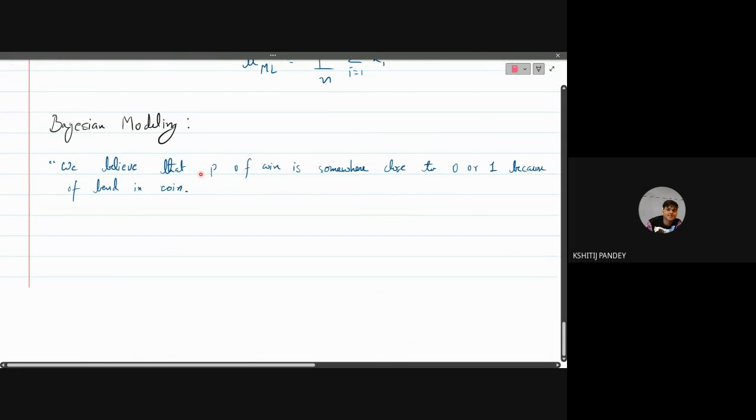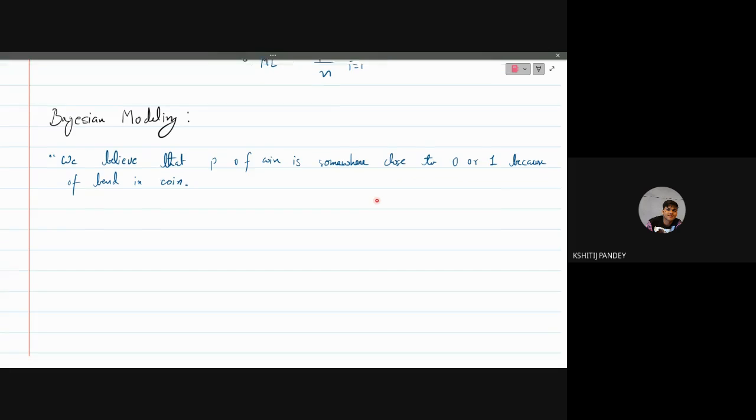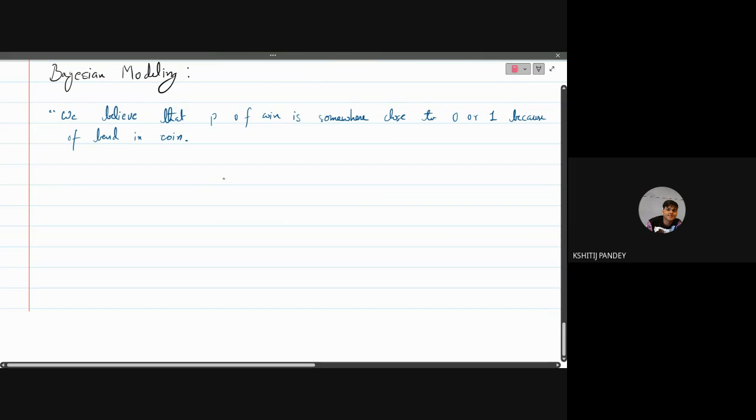Yes, so as we are considering our unknown parameter to be a random variable, it can have a distribution. And based upon our prior belief, we can give it different distributions. So this prior belief that the value is close to 0 or close to 1 can be converted into a distribution. And the distribution will look somewhat like this.